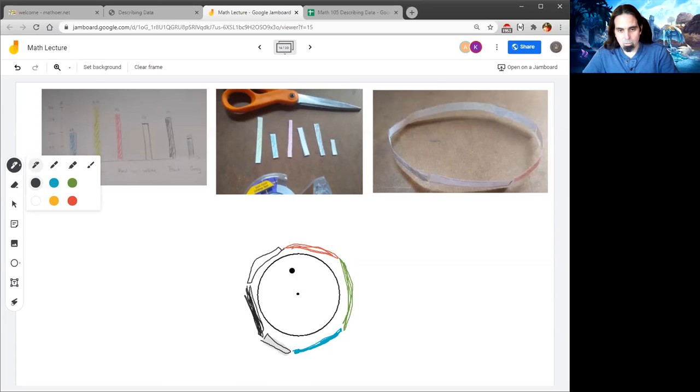Now, wherever the bracelet changes colors, that's where your spokes of the wheel go for the pie graph. Then you can take your bracelet away and just shade in the wedges with the right color.